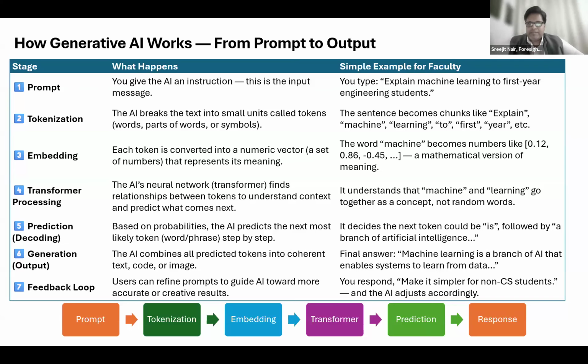First the text goes in, then the text is understood as an input message. Now it is broken into chunks like explain, machine learning to first year engineering and students. So here it would be converted into how many? 1, 2, 3, 4, 5, 6, 7, and 8. So this is 8 tokens worth of a query.